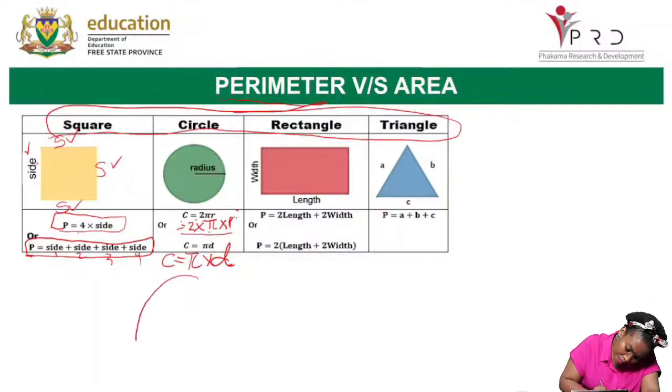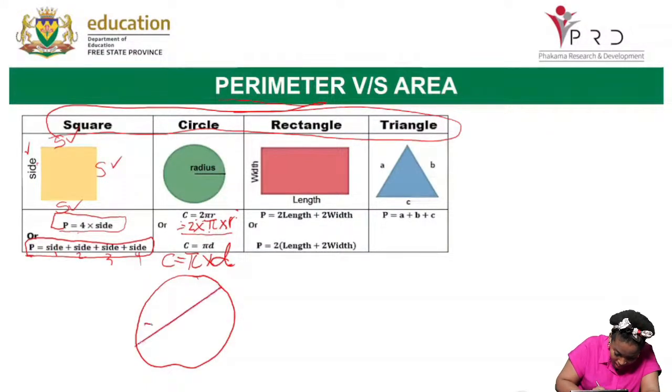Remember, with the circle, the one that is provided here has a radius, but sometimes you'll have a circle that has a diameter. So what you need to know with the circle is that a radius is half of your diameter. A diameter is the full length, but the radius would be from here up to there.